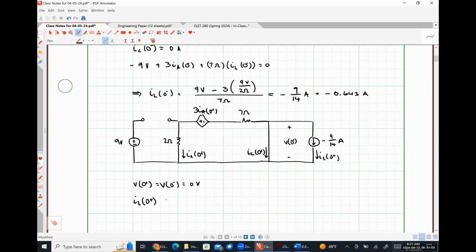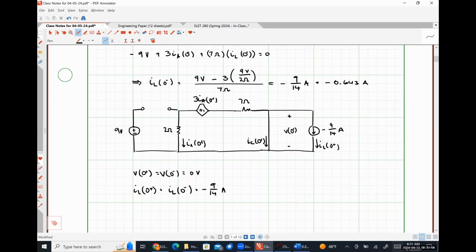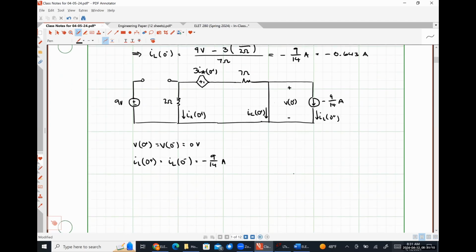IL at 0 plus has to be IL at 0 minus, so -9/14 of an amp. And IC at 0 plus, we're going to have to determine using circuit analysis. So we should be able to figure that out by inspection here. What is it? Yeah, so +9/14 of an amp.